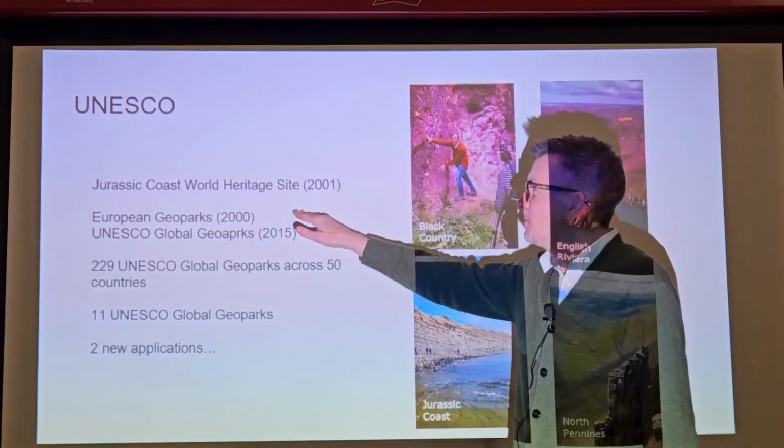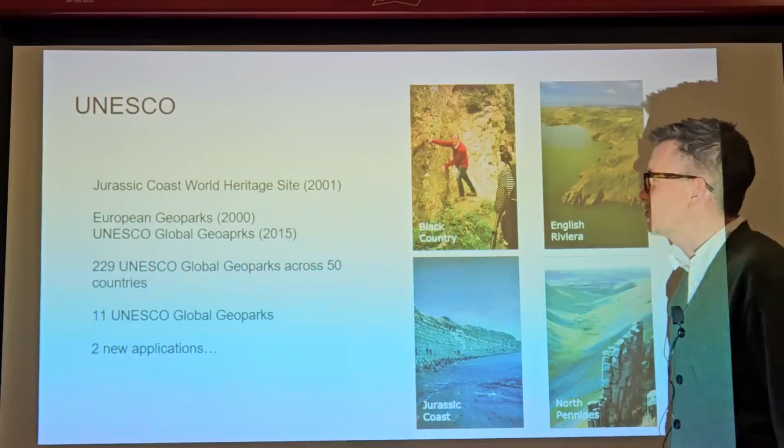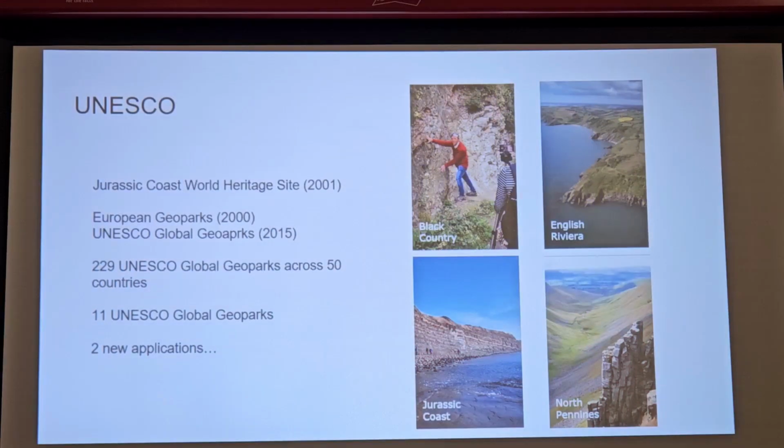In 2000, you had European Geoparks established, and in 2015, UNESCO Global Geoparks. It's an absolutely bursting system globally, and we've now gone from starting in 2000 with 4 European geoparks to, in 26 years, 229 UNESCO Global Geoparks across 50 countries.